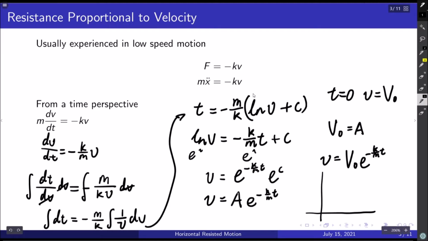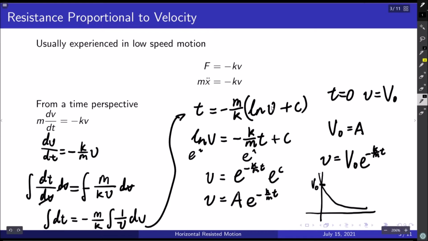If here is your v0, over time the velocity will drop like this. Now this is the resistance in terms of time.